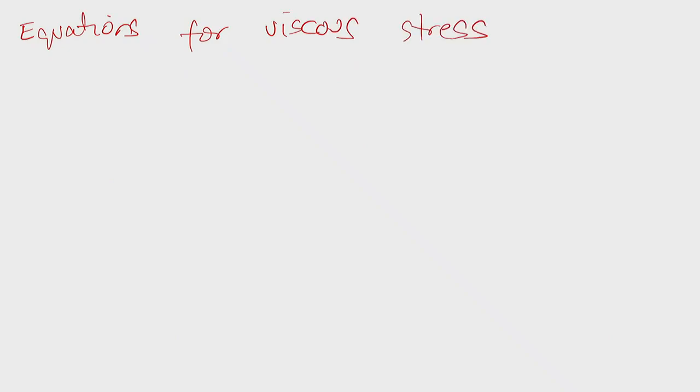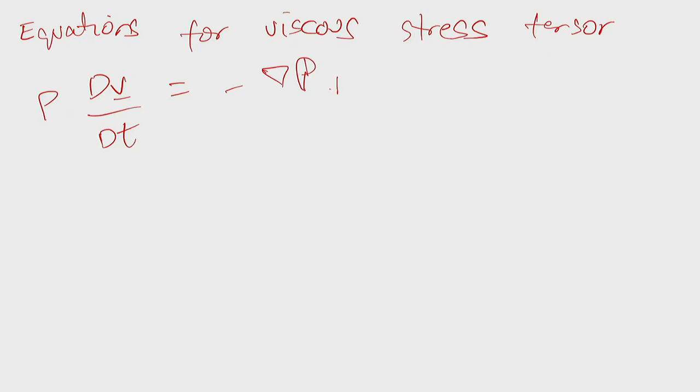And just as a reminder, the equation that we're dealing with so far, the equation of viscous stress tensor, is rho capital DV Dt equals negative grad script P plus L dot tau.